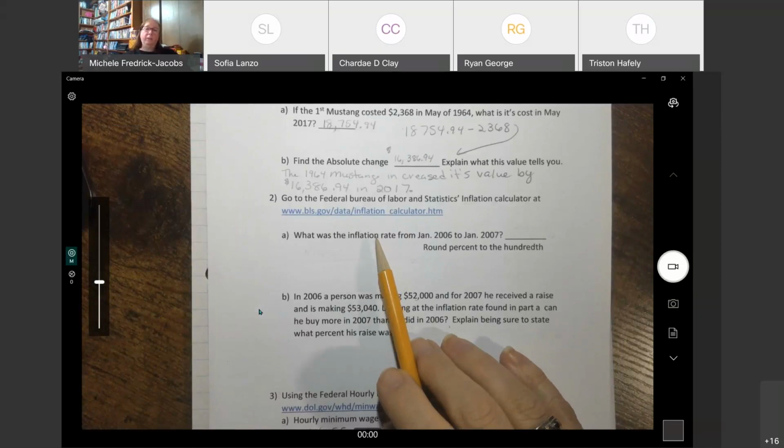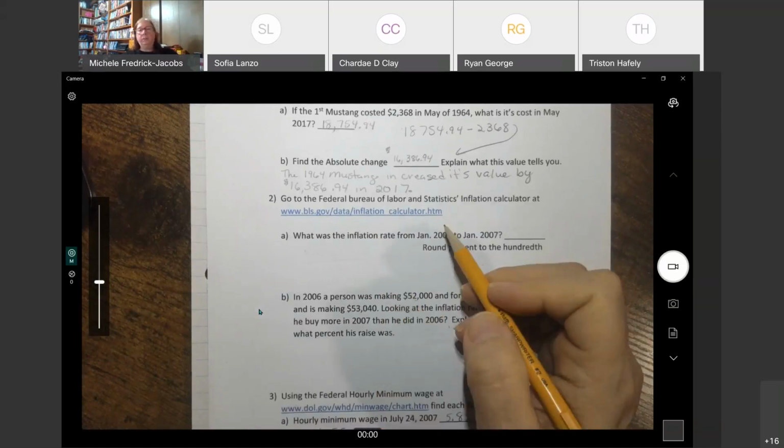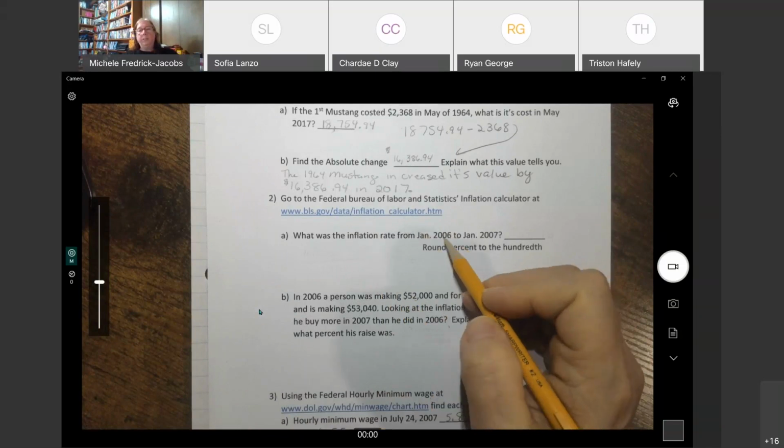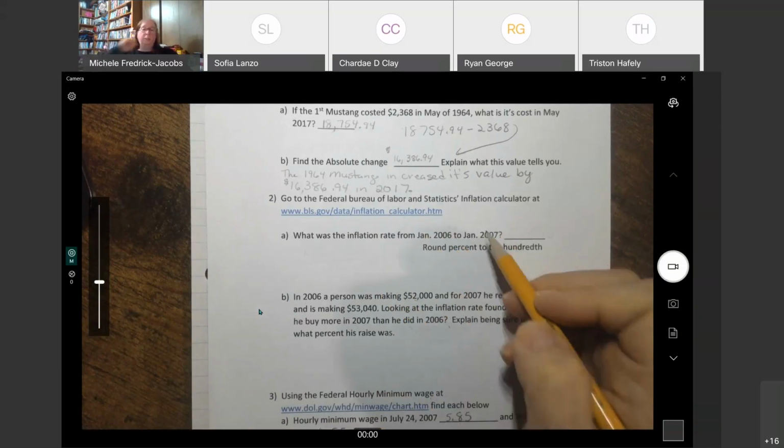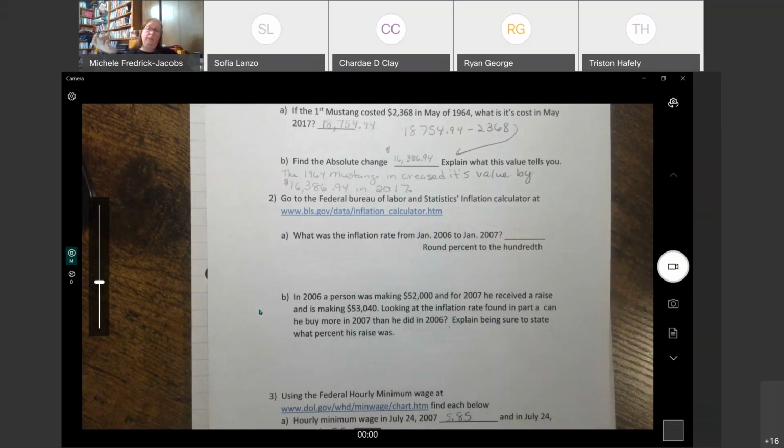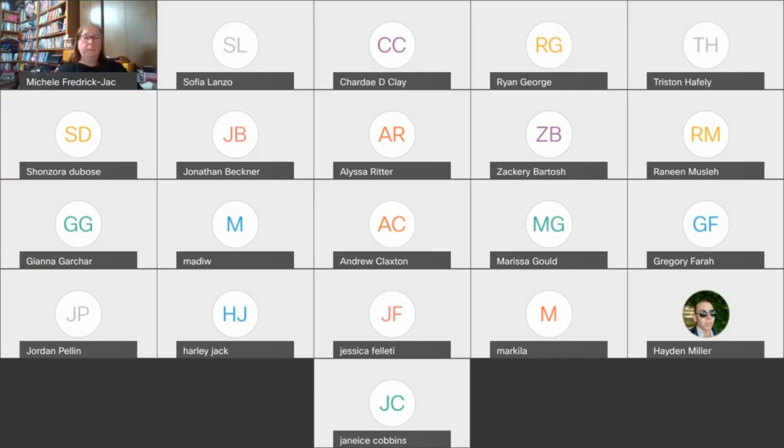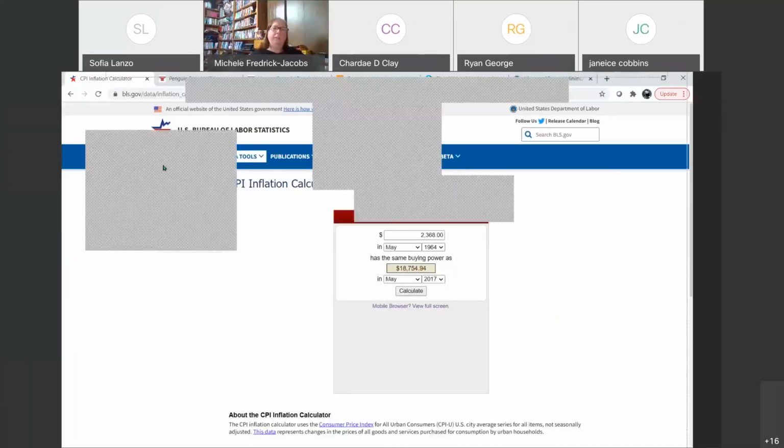But before we can find the relative percent change, we need to put in values for January 2006 and 2007. So we'll go to the inflation calculator. Are we using the minimum wage chart? You wouldn't have to for this one.